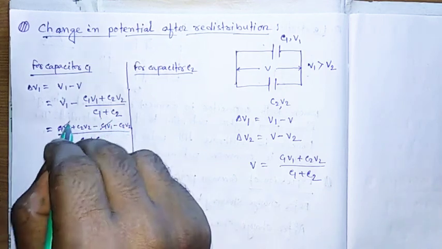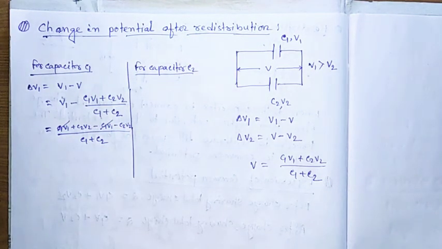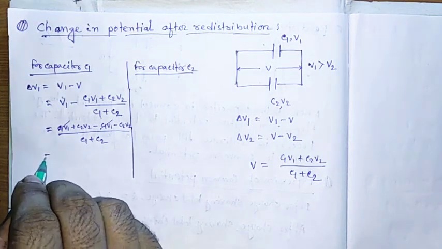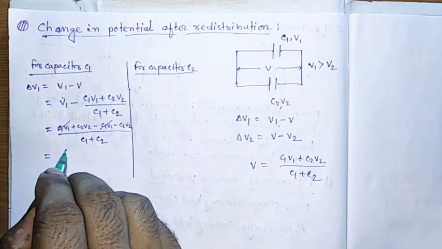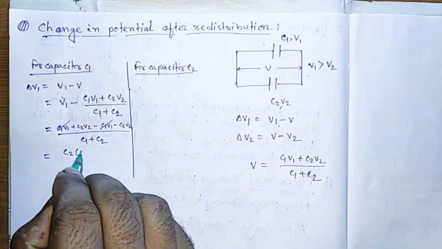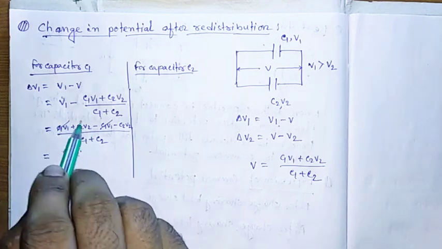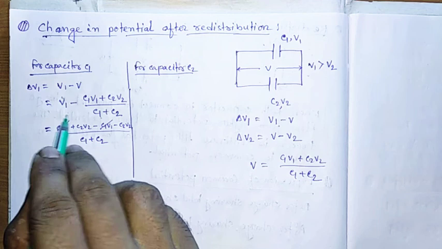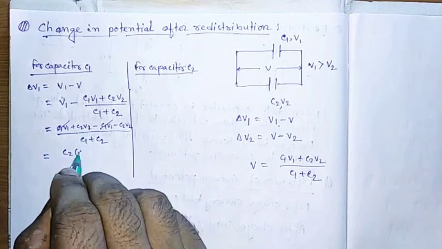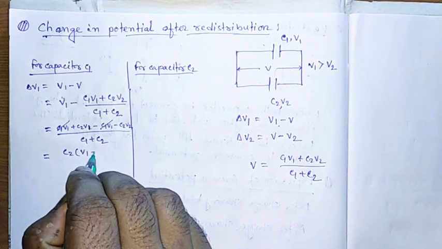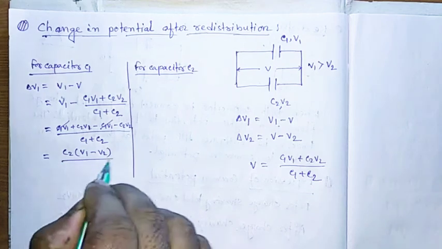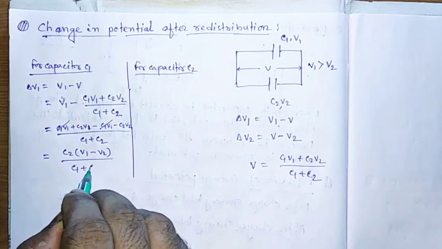C1 V1 cancels out. It is equal to C2 times V1 minus V2 divided by C1 plus C2.